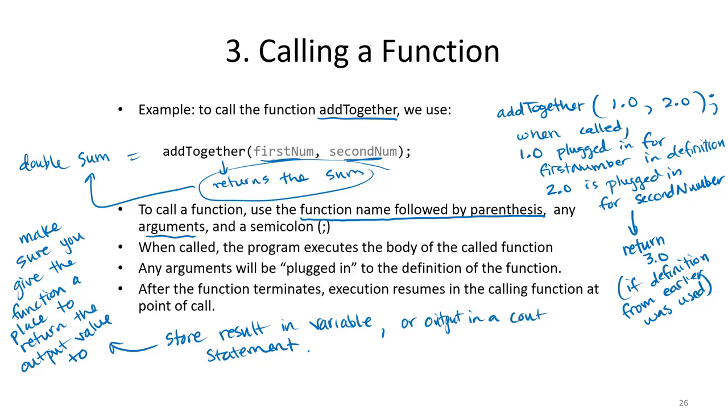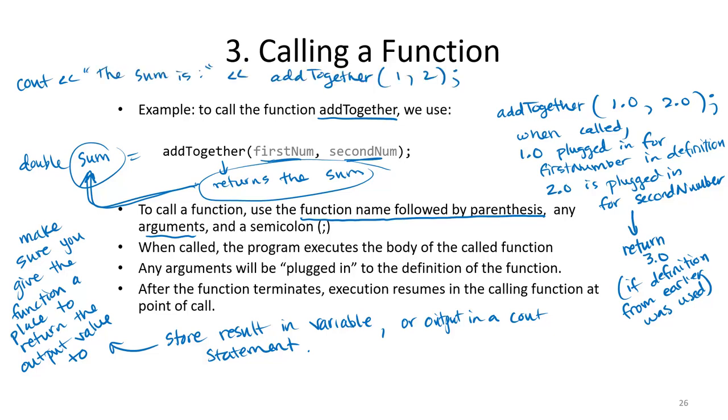So if we want to use the sum elsewhere in our program, we would need to take that result and store it in another variable, or we would need to output it in a cout statement. So here, for example, if I said cout the sum is add together 1, 2, this would output the sum is 3.